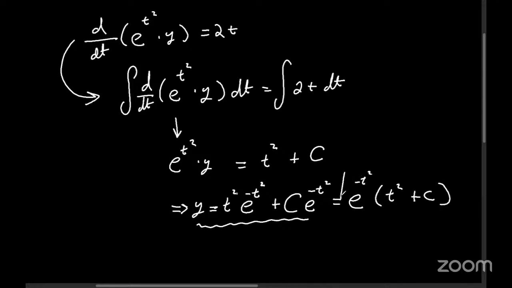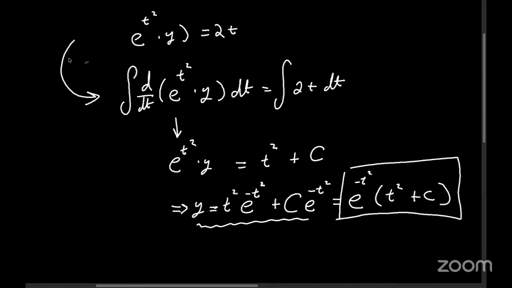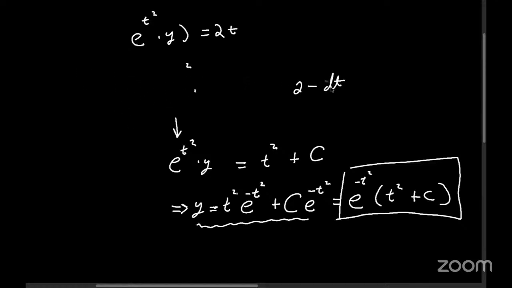I guess it's a little cleaner. So that's what I think. Now, what is that? That's a function. So I think that's what y equals, and that's what satisfies the original problem.